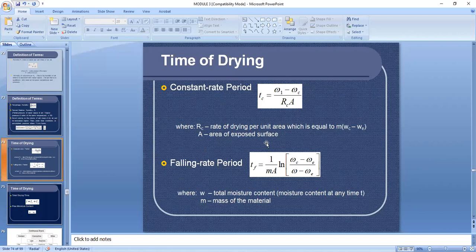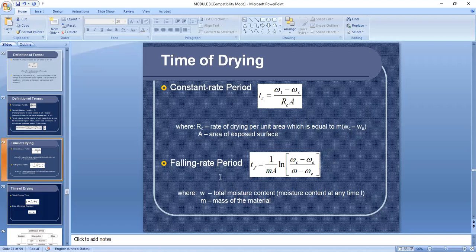Now, if this rate of drying is not given or specially stated in the problem, we can use the formula M times the difference of the critical moisture content and the equilibrium moisture content. You can replace R sub C by M times W sub C minus W sub E.